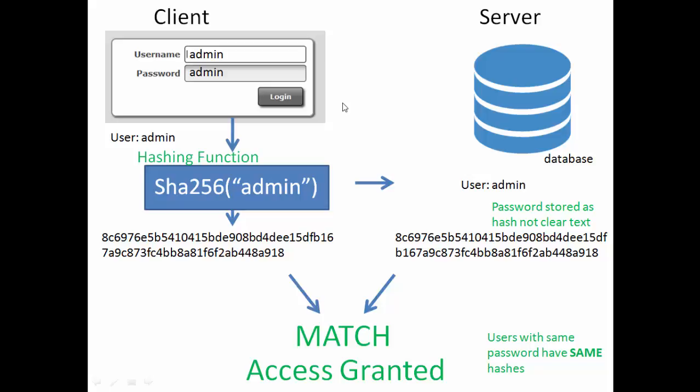So how do we use that in our login? We're going to take the password and put it in a hashing function, and we're going to produce this long string of text. We're going to send that over the network, because if somebody's eavesdropping and gets this hash, they won't be able to put admin in the password field.